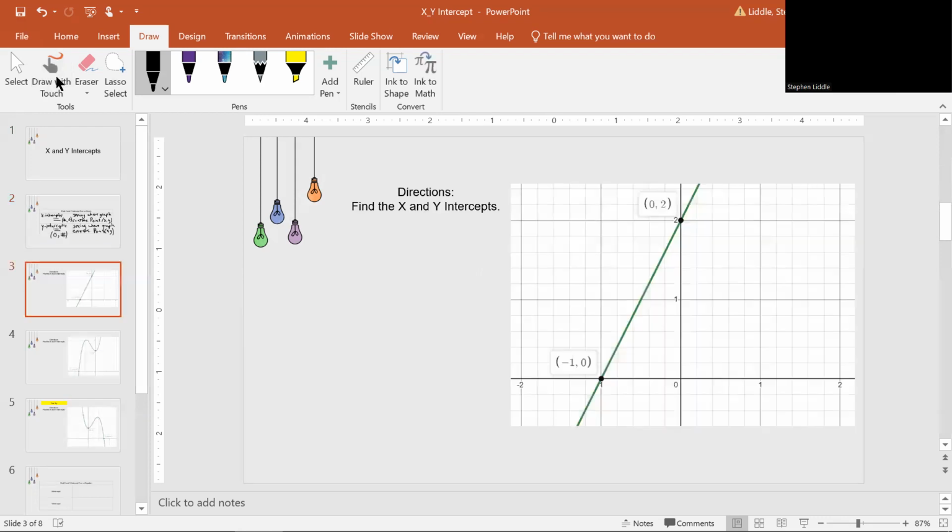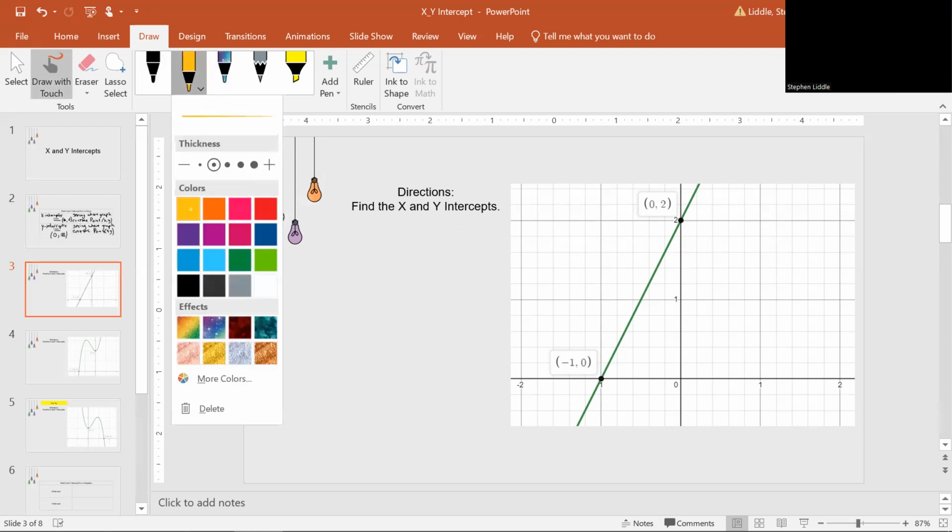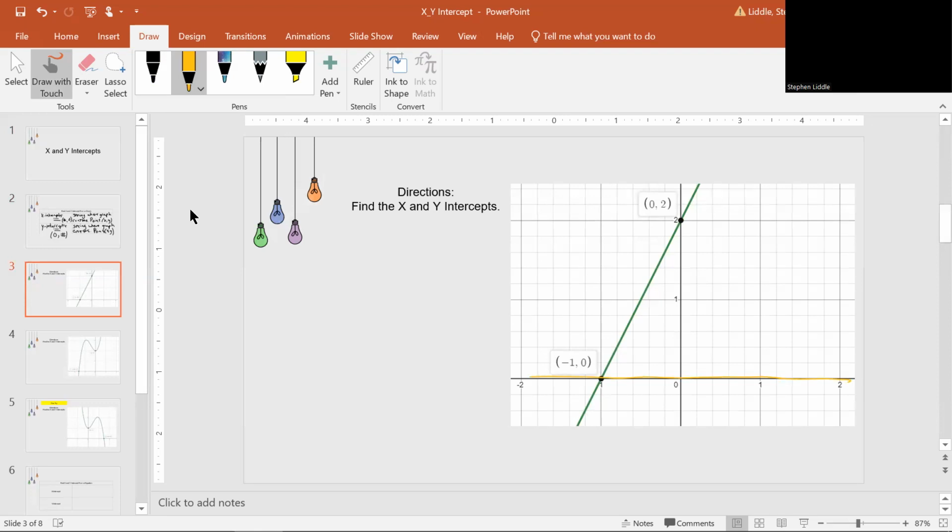All right, so let's do an example. I'm going to color code this. We are going to use this yellow line here, and I drew it all the way across. This is where our x-axis is. So where our graph crosses this will be our x-intercept.